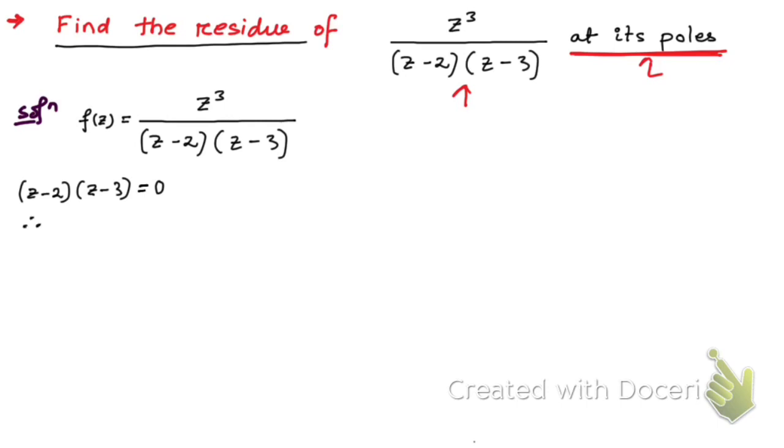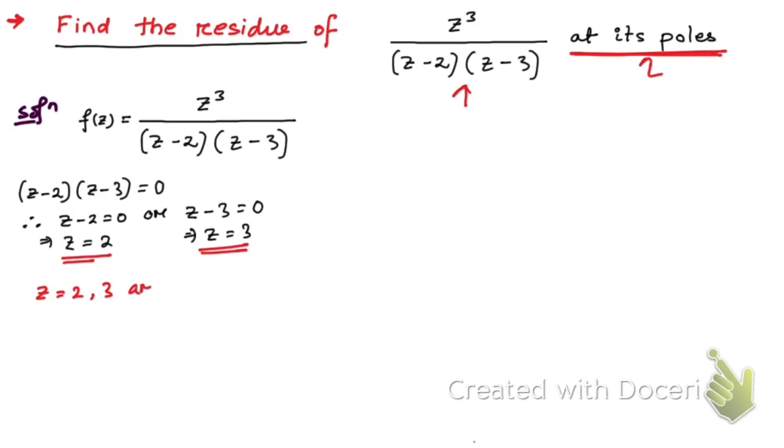Therefore either z minus 2 is equal to 0, or z minus 3 is equal to 0, and this implies z is equal to 2 and z is equal to 3. As the power on these two factors is 1, both are simple poles. z is equal to 2 and 3 are simple poles, or poles of order 1.